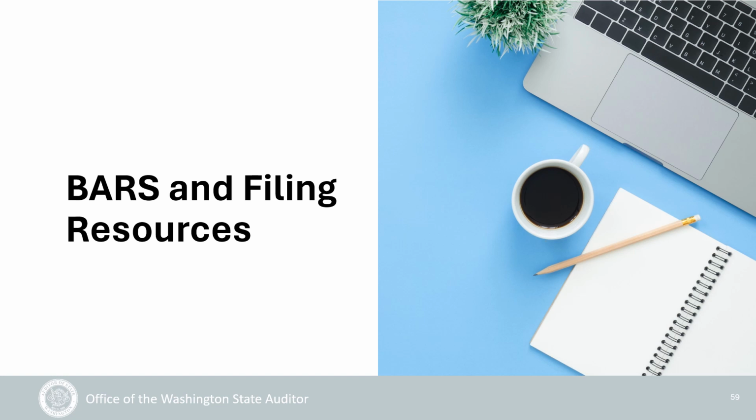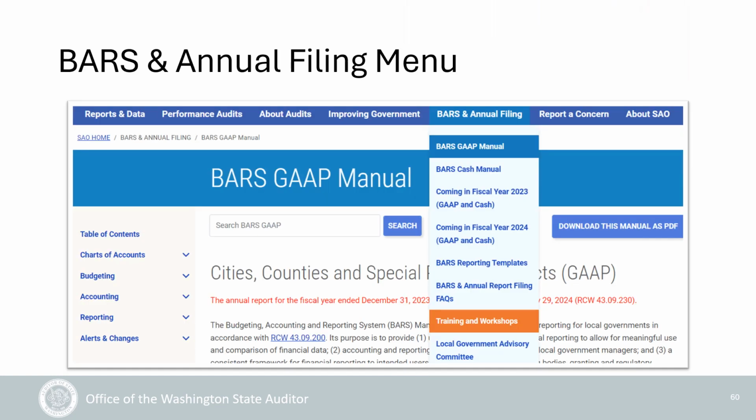SAO does offer a multitude of trainings and resources on different accounting and BARS manual topics. Let's quickly go over some of them. You can find our training page from the BARS and annual filing dropdown. The training and workshops link is towards the bottom.